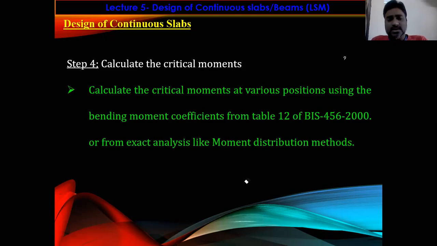You can use other methods also, that is moment distribution method, Kani's method, or substitute frame method, whatever method is feasible for you, and determine the shear force and bending moment. But the method proposed by IS 456 2000 is very easy and simple, right?